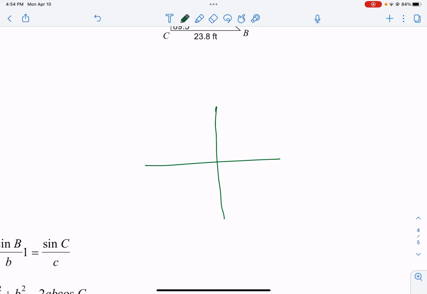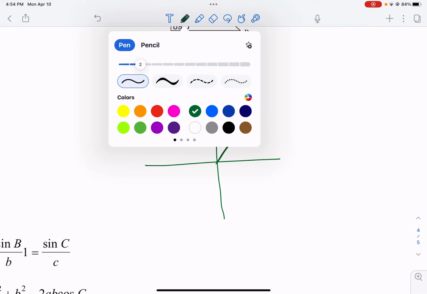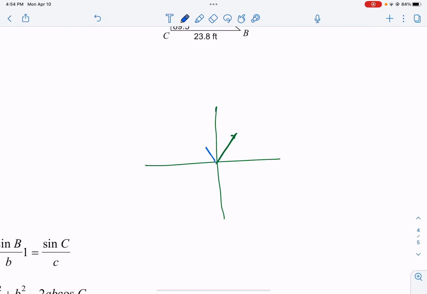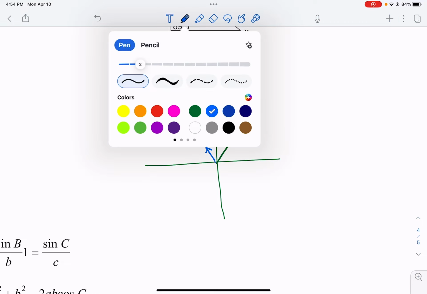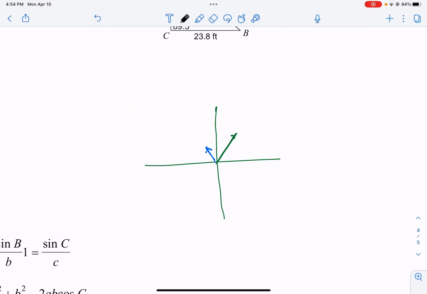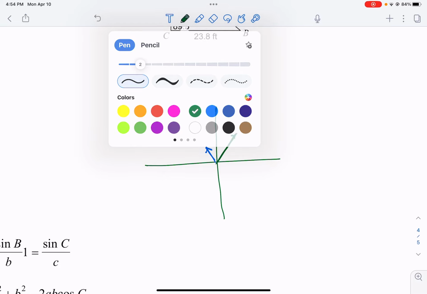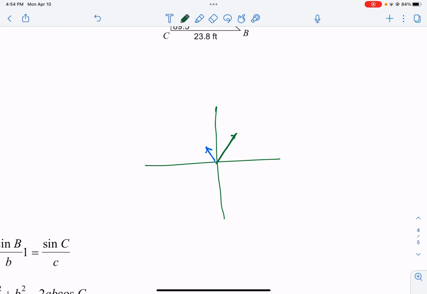So if I have a vector like this, and I give you another vector like this, if I don't give you any numbers, you should still be able to draw what the sum of those two vectors would look like. So remember, all that is, you take one of the vectors and you slide it up. You keep the same direction, but you start it at the head of the other vector. So something like this.